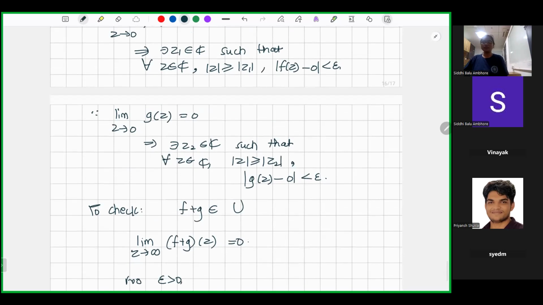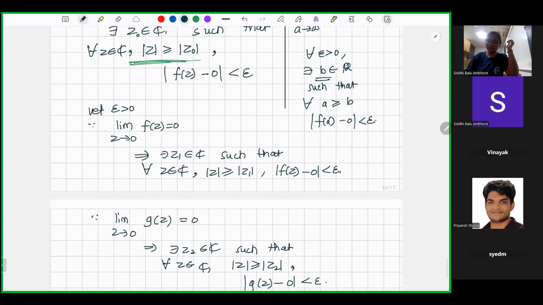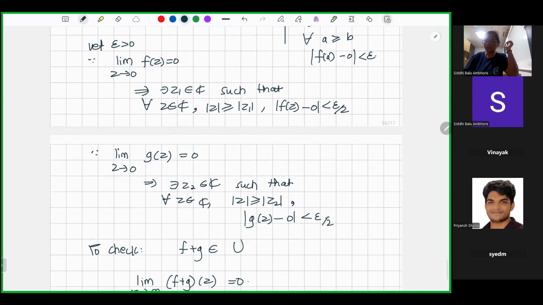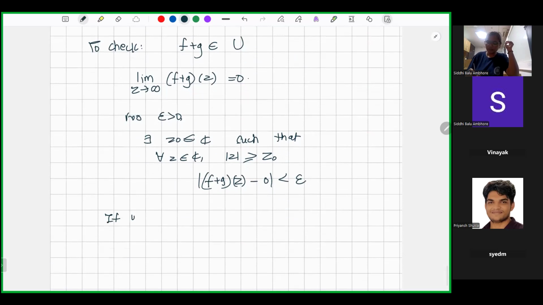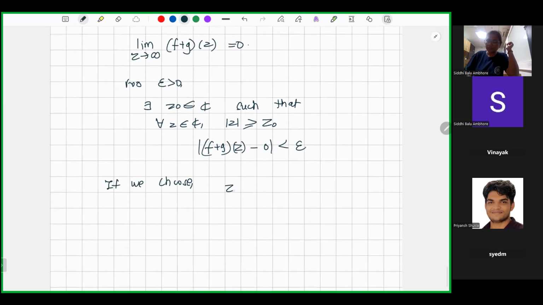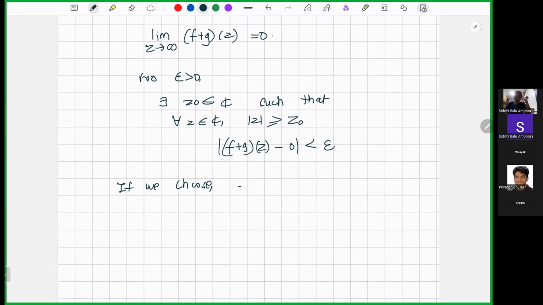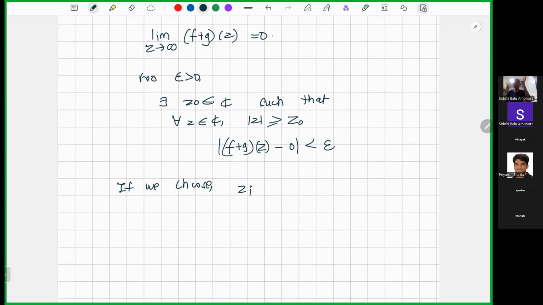Right? So instead of epsilon, if I take this such that it is less than epsilon by 2 and epsilon by 2, and if we choose this z naught to be, we can't take addition actually.